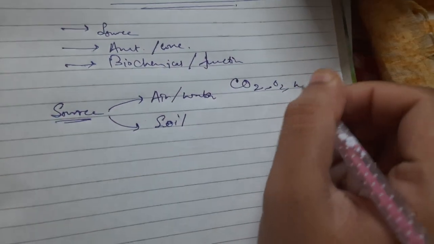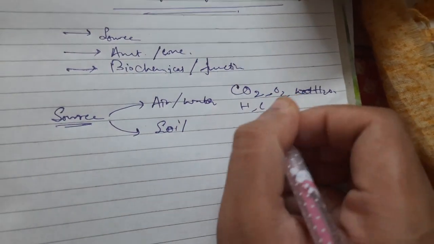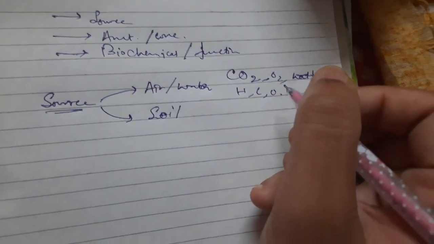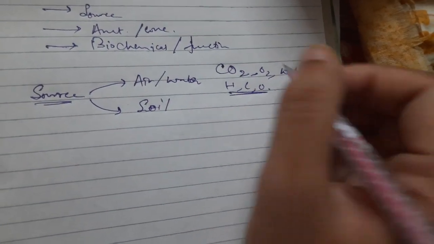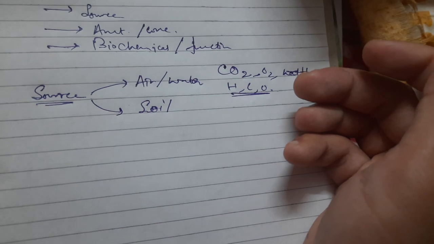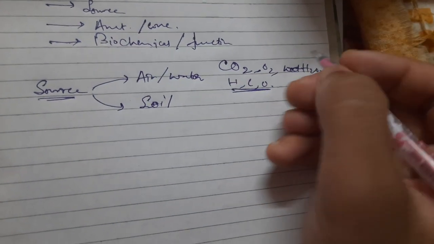And water contains H2O. So hydrogen, carbon, and oxygen are obtained directly from the air or water, from non-mineral sources. So these are called non-mineral elements.